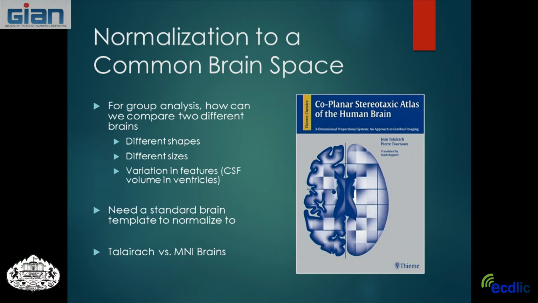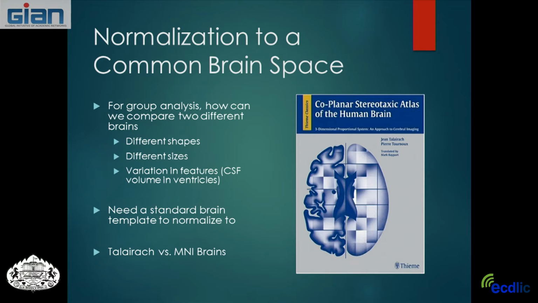So it's really not an ideal thing to do, but for looking at groups of subjects, this is often a necessary step so that we can compare across subjects and groups of subjects.